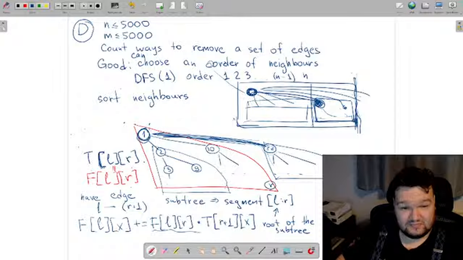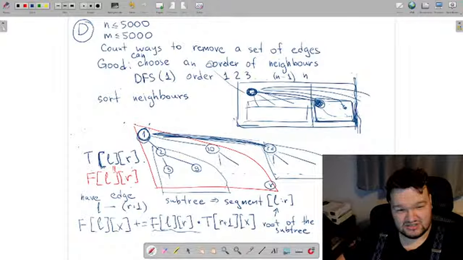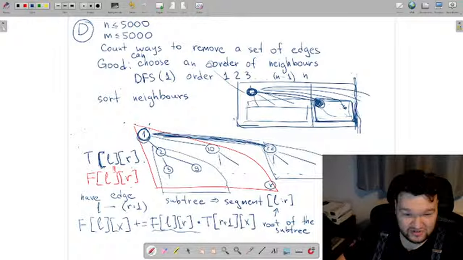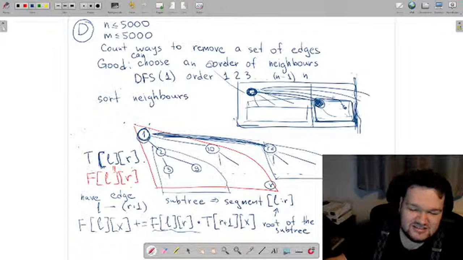So when we do this transition, we can look at all the edges that lead to the remaining part of this segment, except the first vertex. So the first edge we must keep. All the other edges we may delete or not delete.